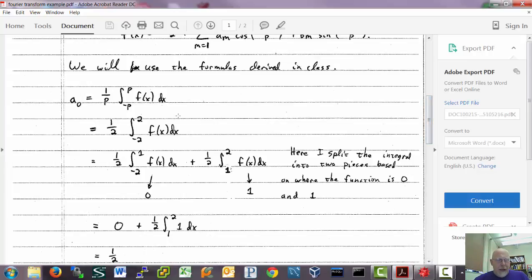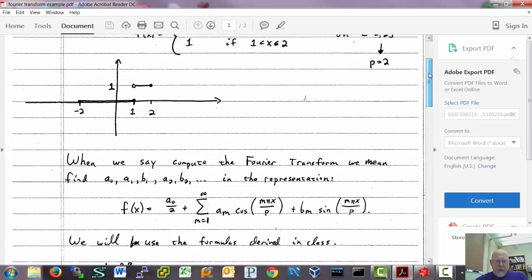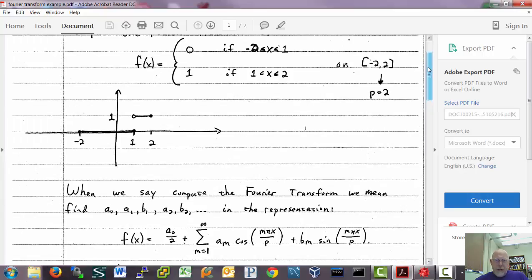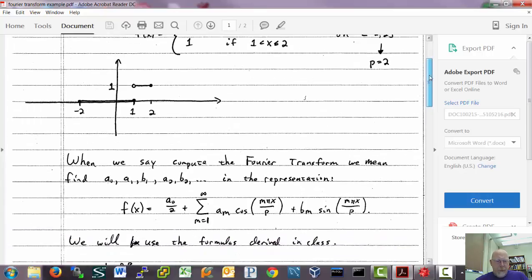So A_0 is 1 over p, the integral from -p to p of f of x dx. That's just a definition for A_0, or I guess the formula that we've derived. In this case, we've said that p is 2, so we're going from -2 to 2 of f of x. And then remember how f of x was defined up here. It's defined in two pieces, from -2 to 1, from 1 to 2.